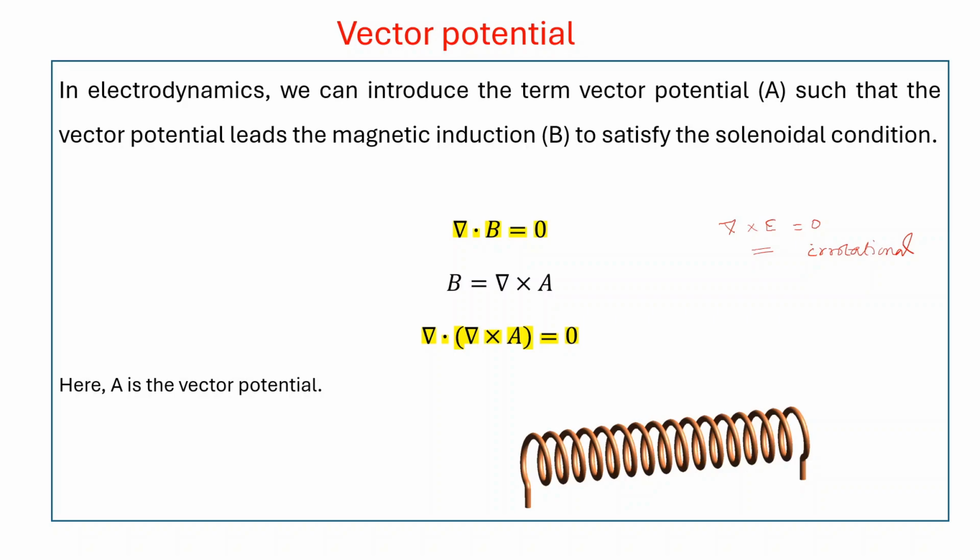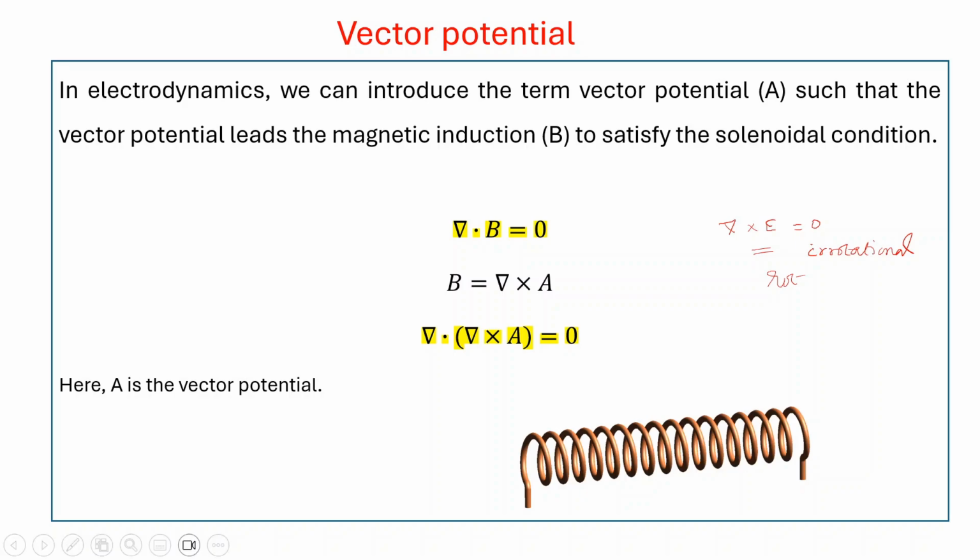If the curl of a vector is equal to 0, then that condition is called irrotational. Most probably, the curl operator is called rot, since it is used to study the rotational motion of fluids. But here div B equal to 0 is our solenoidal condition.